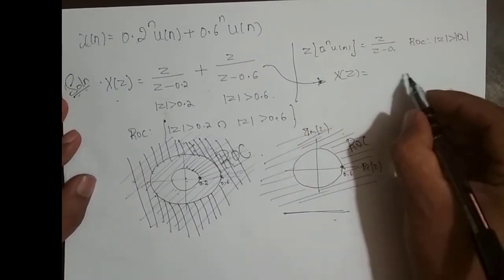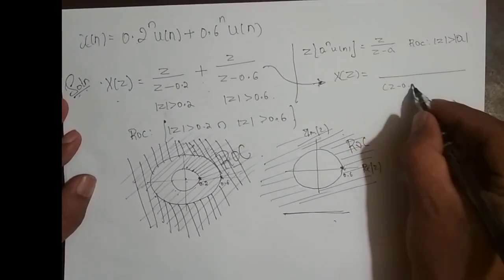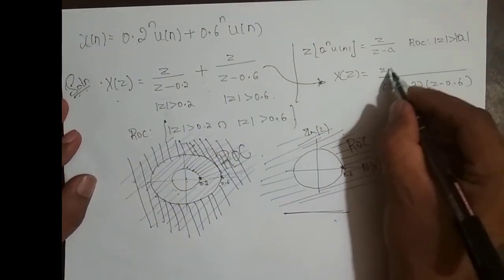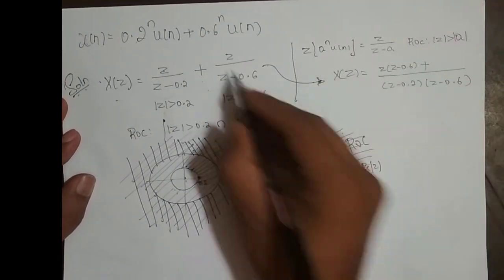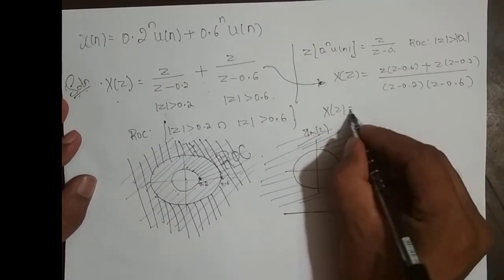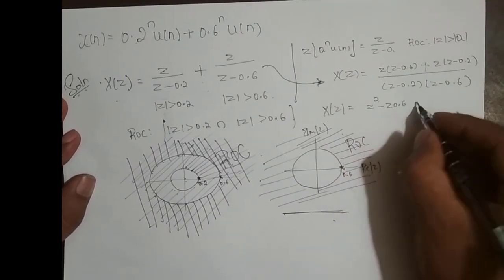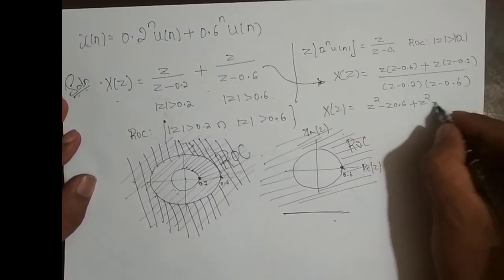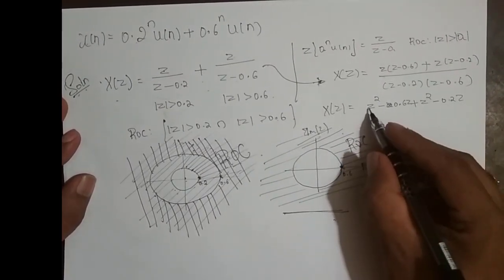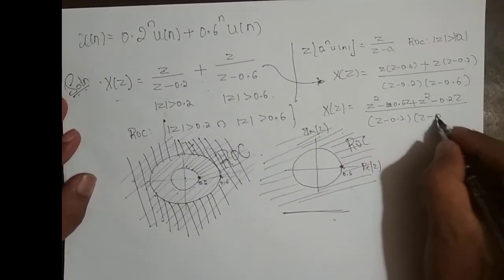X of z is equal to, if I take the common denominator, what do I get? z minus 0.2 into z minus 0.6, and in the numerator z into z minus 0.6 plus z into z minus 0.2. So X of z is equal to, numerator is z squared minus 0.6z plus z squared minus 0.2z, divided by the denominator z minus 0.2 and z minus 0.6.